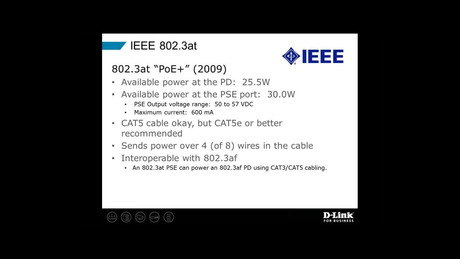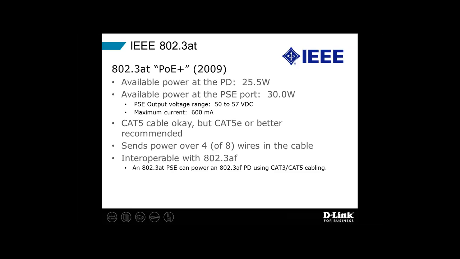It does this by using a DC voltage between 50 and 57 volts. Note that the minimum voltage from the previous standard was raised from 44 to 50 here. That's one of the ways they attained this higher power rating. They also raised the maximum current from 350 milliamps to 600 milliamps.